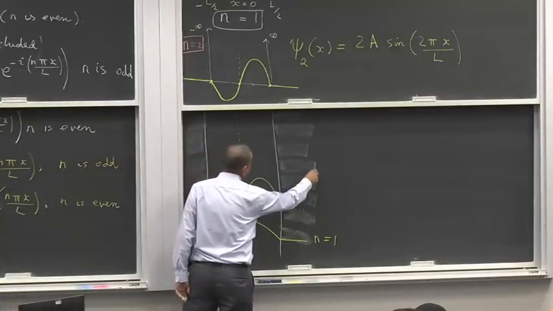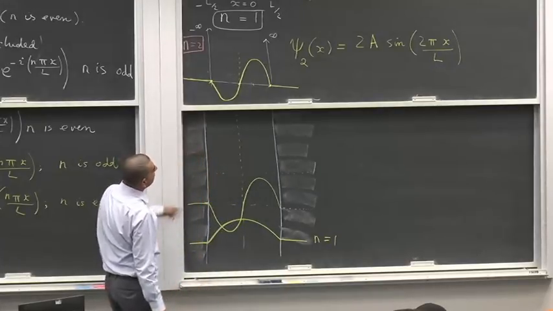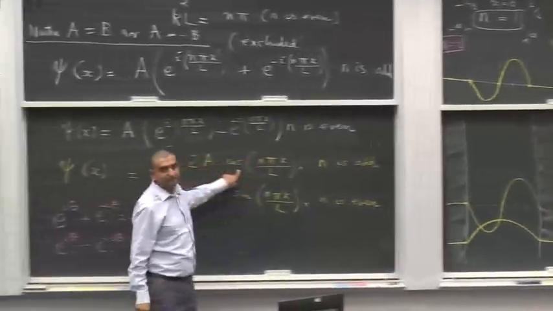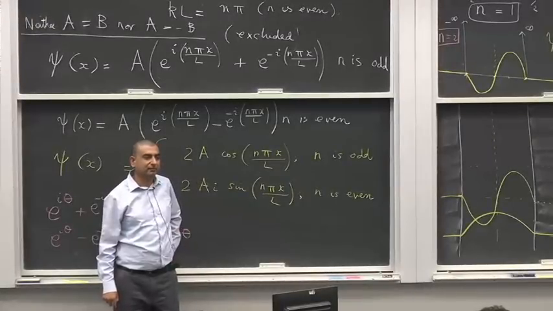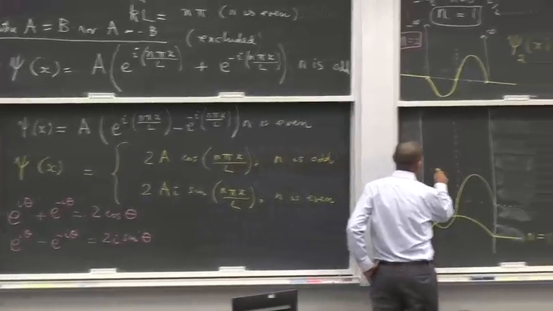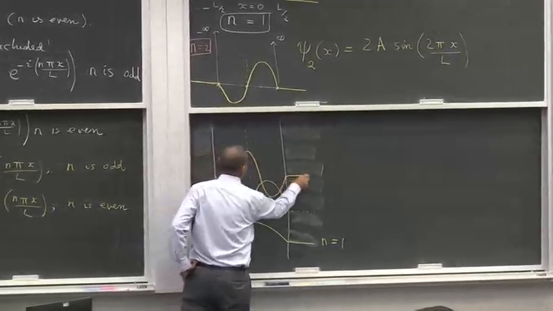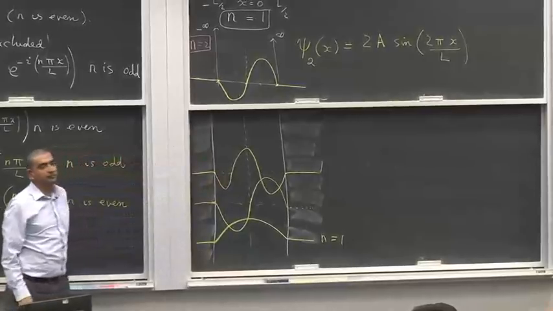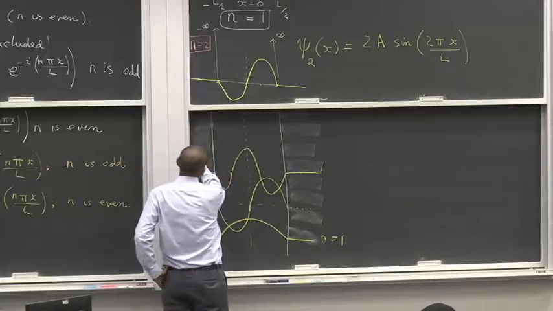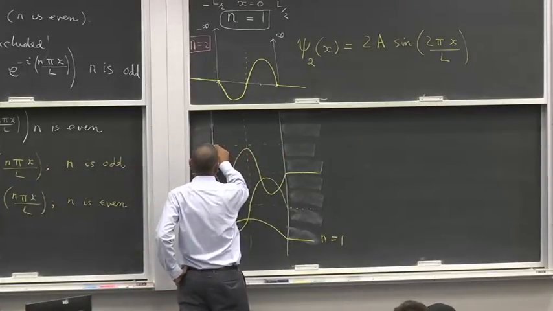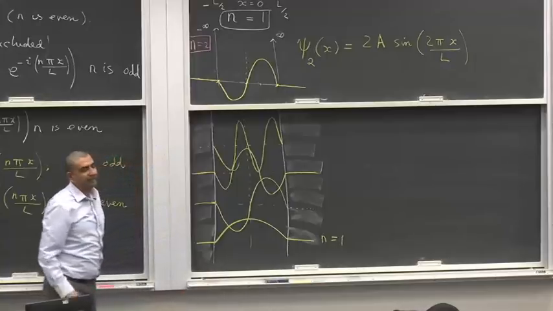For n equals 3, the wave function will be given by this formula, but 2a cosine 3 pi x over L. So, it's for n equals 4, and so on.